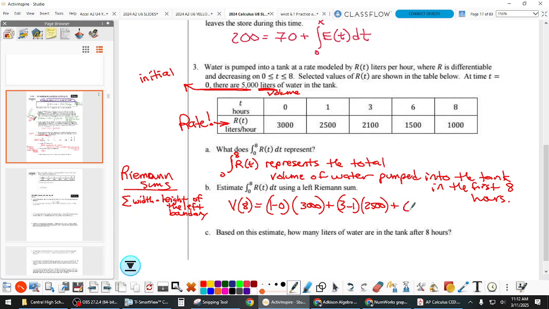Okay, and then 6 minus 3 times 2,100. And 8 minus 6 times 1,500. So we get 3,000 plus 5,000, so that's 8,000, plus 6,300 is 14,300, plus 3,000, so 17,300. And what are the units of 17,300?